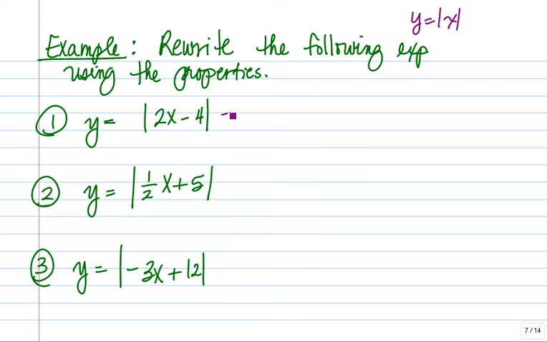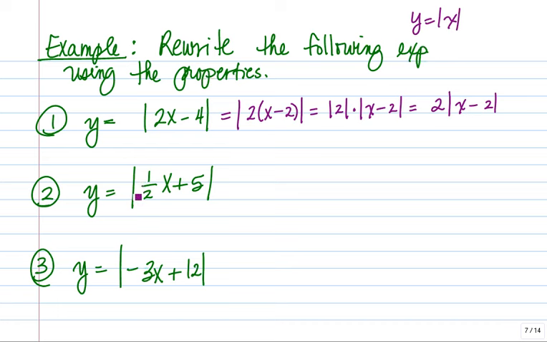Well, what I could do is think about factoring. 2x minus 4 is really 2 times x minus 2. Because now I have a factor, that's equivalent to the absolute value of 2 times the absolute value of x minus 2. But the absolute value of 2 is 2, so it's 2 times the absolute value of x minus 2. So we would know that this is a vertical stretch by a factor of 2 and a shifting of the absolute value function right 2 units.